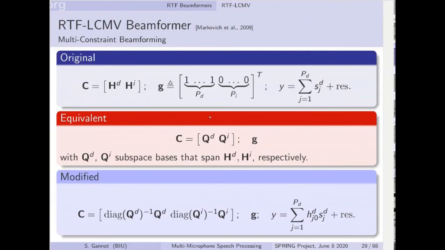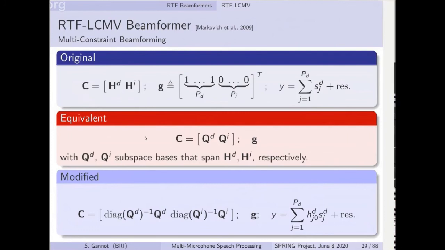What is interesting is that we do not have to exactly know all the transfer functions, but we can rather have a basis that spans the subspace. So rather than directing a beam towards all specific sources, we can, in specific applications at least, direct a beam towards the basis vectors of these sources.